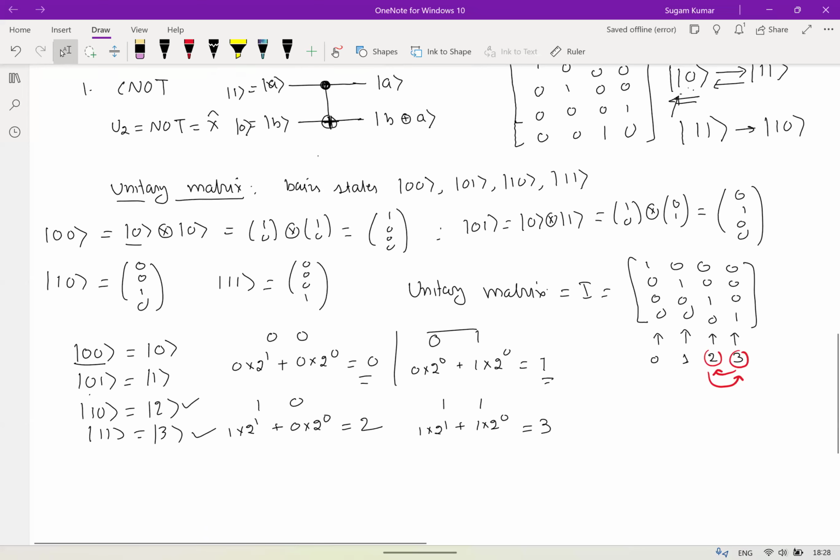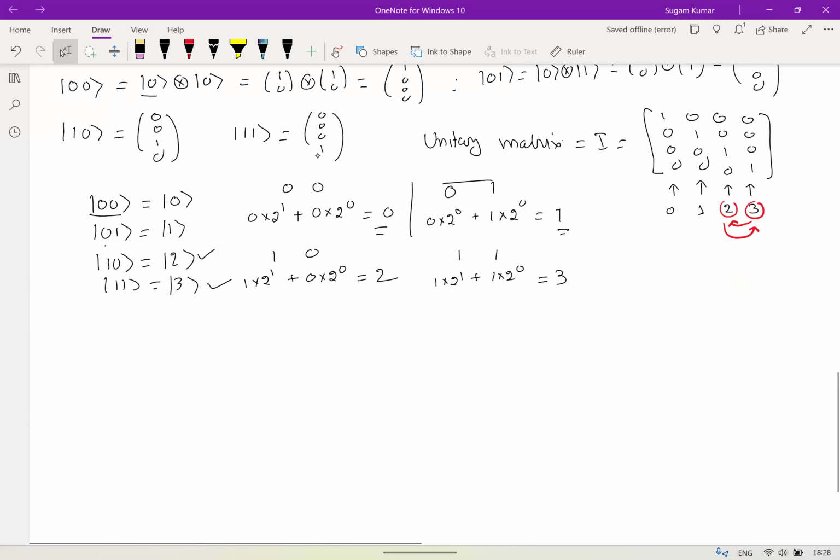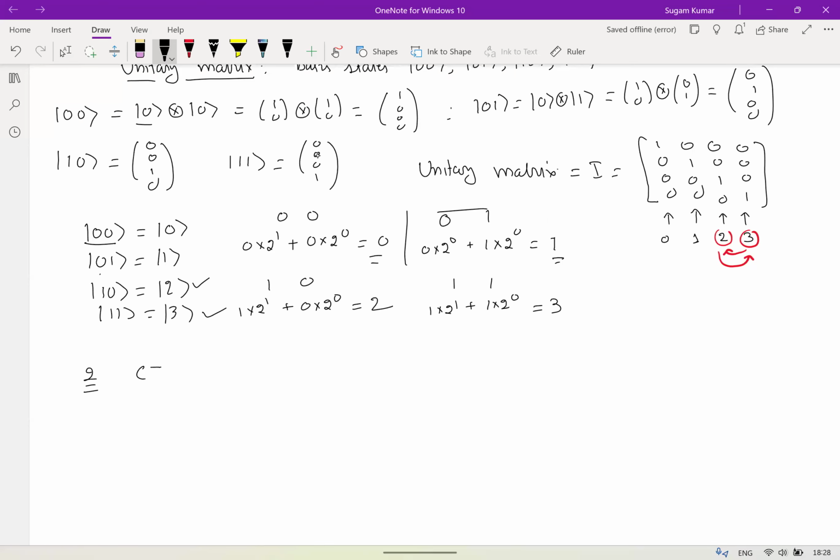So that is the C naught gate, and then we discuss the second one, the CZ gate. The same logic I can apply here. You can see the CZ gate. In this gate, you can see that this U2 is nothing but a Z gate, correct?